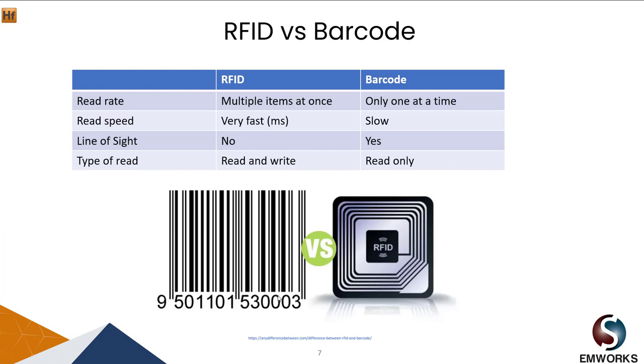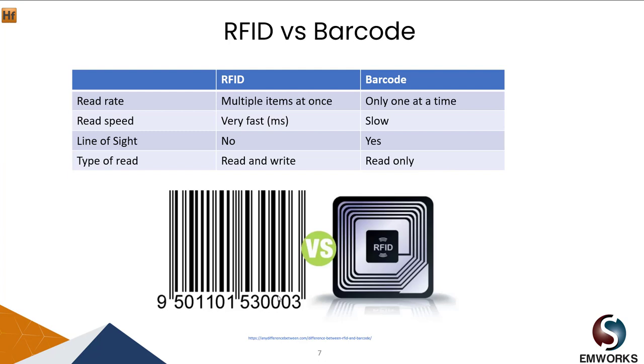Alright, so let's talk about some key differences between RFID and the barcode. One of the major advantages of RFID is that it can scan multiple tags at a single time. It has a faster read speed.